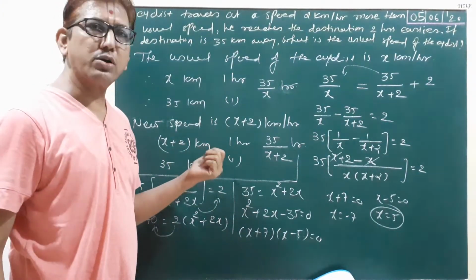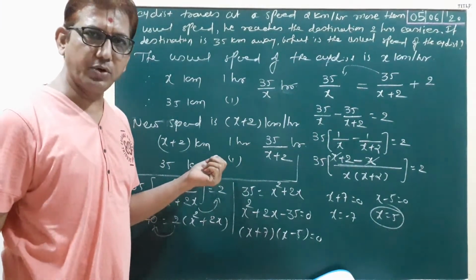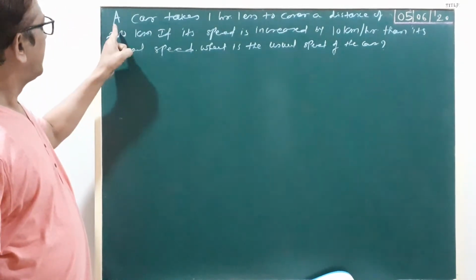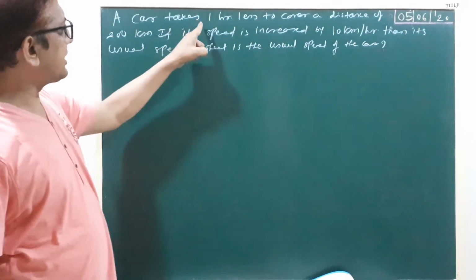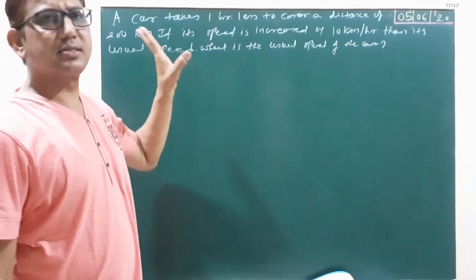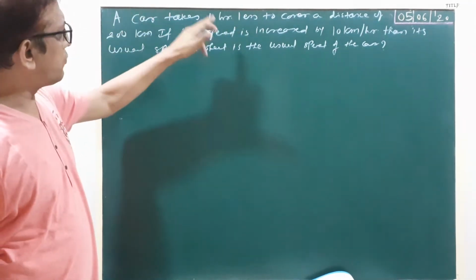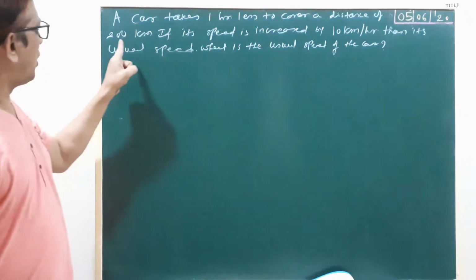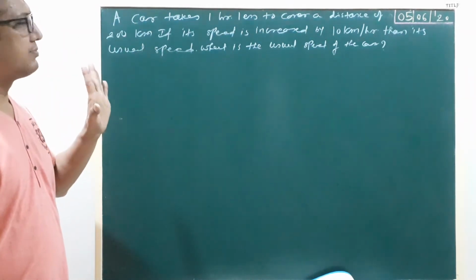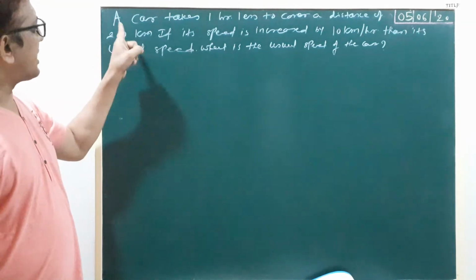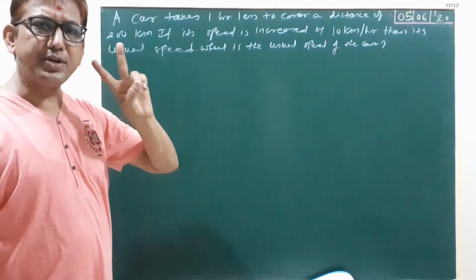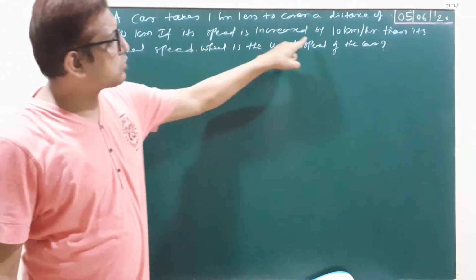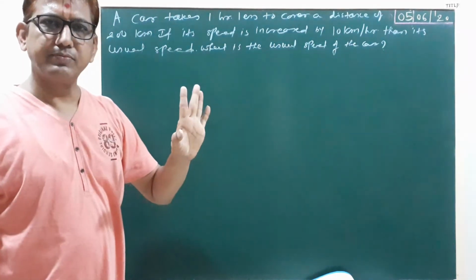This is our most important sum. We write here second question. A car takes 1 hour less to cover a distance of 200 km, if its speed is increased by 10 km per hour.